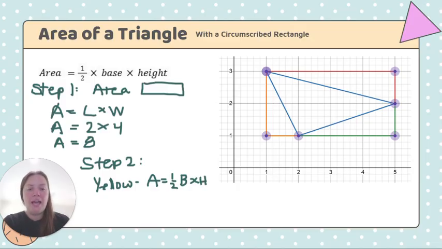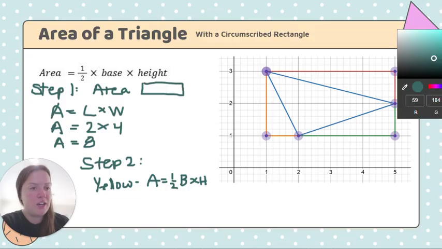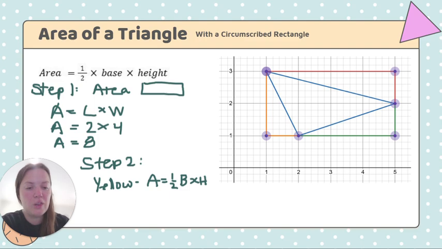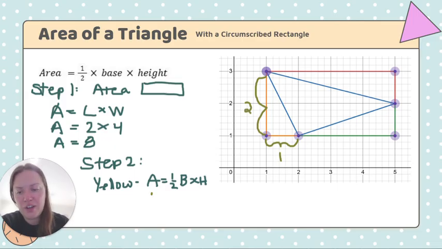Okay. And we are going to have our base be this one here, and let's actually make the color that we're writing with a little bit more yellow. It looks like a mustard yellow. So our base here is going to be 1, and our height here is going to be 2. So we're going to plug in our values.